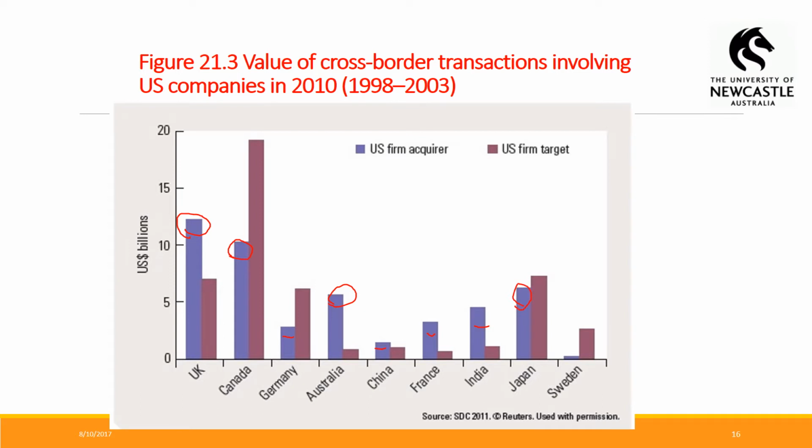Japan is a bit sizable as well. In terms of the targets, US firms tend to be targets for Canadian firms. The UK, Japan and Germany are also big buyers of US firms, right? And the rest of the companies are quite small relative to these companies.